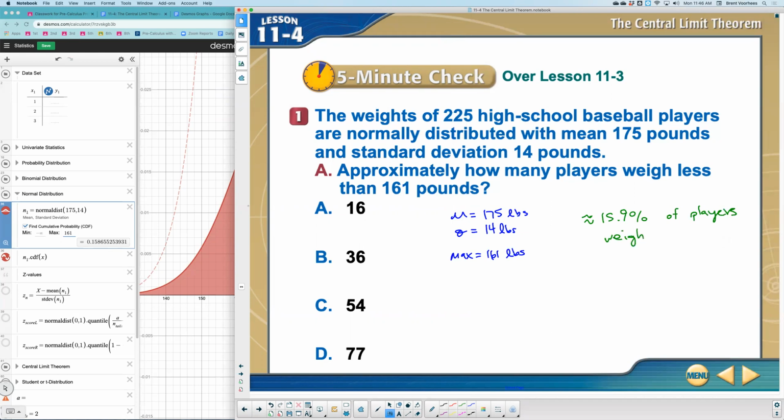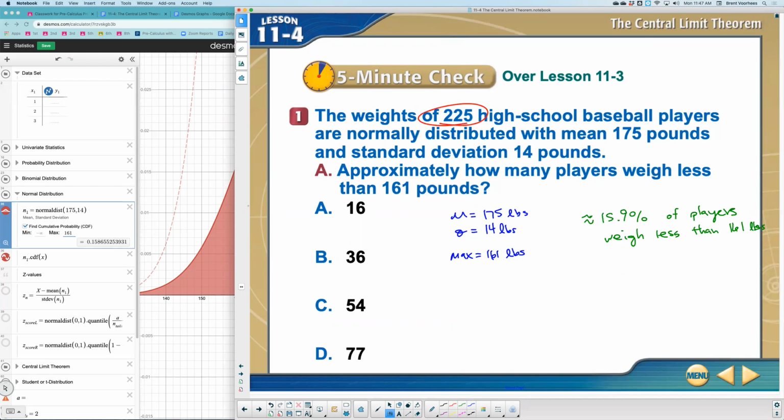weigh less than 161 pounds. Now, oh, that's supposed to be a B right there. Okay, so you're looking, and this number does not show. Well, that's 15. That looks like the right answer there, except it's not. This is not a percentage. It says here we have 225 players.